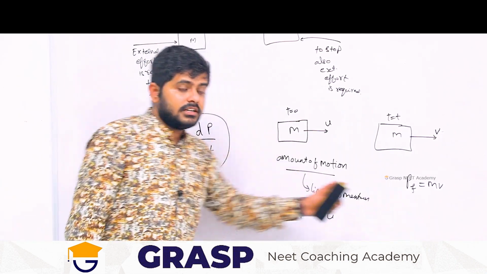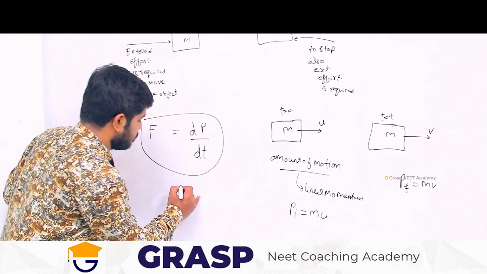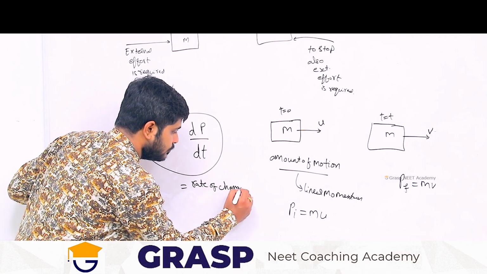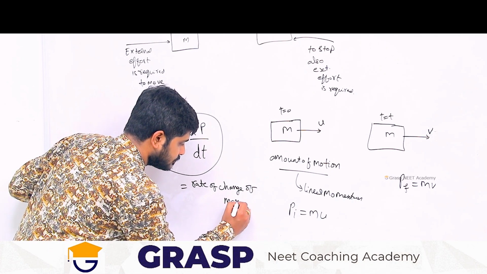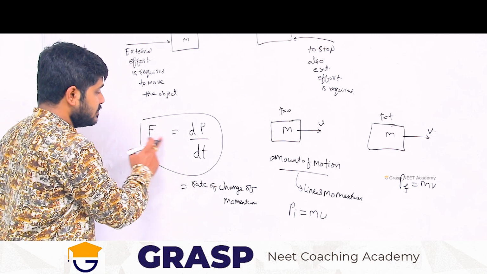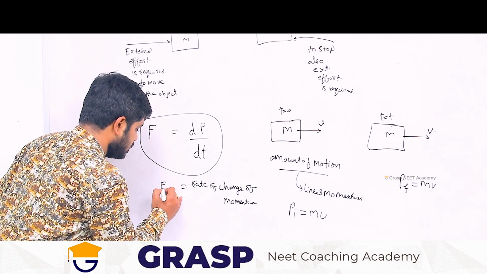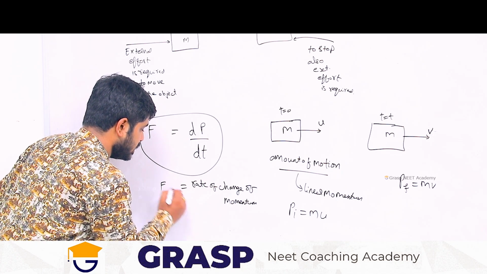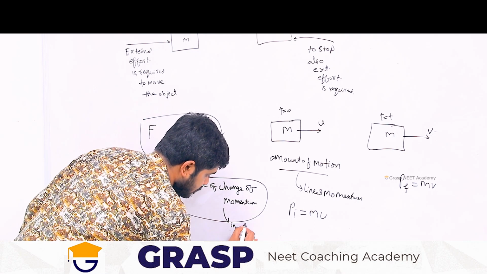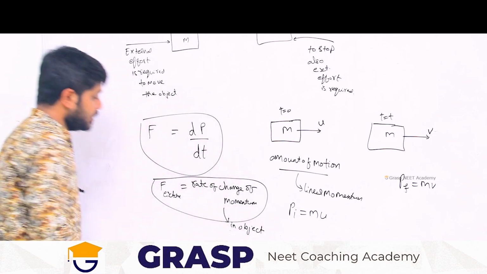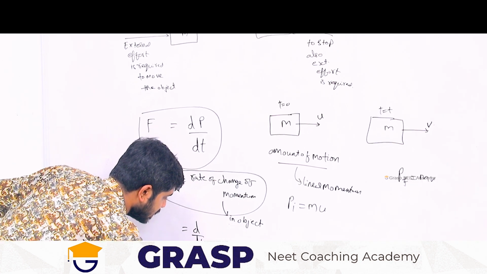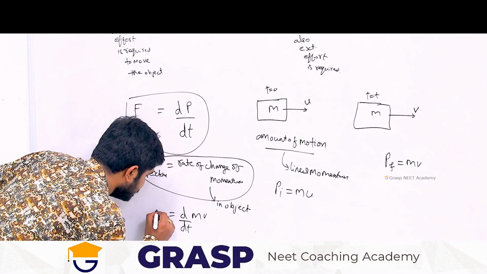The rate of change of momentum is nothing but force, the external force given to that object. So what is that rate of change of momentum? That is d by dt of m into v.